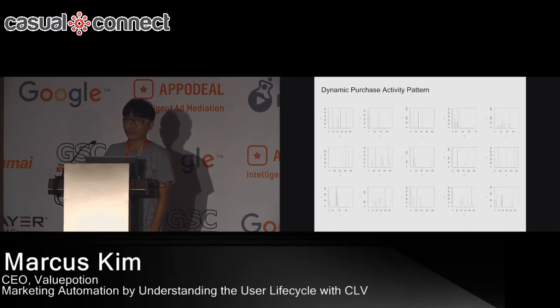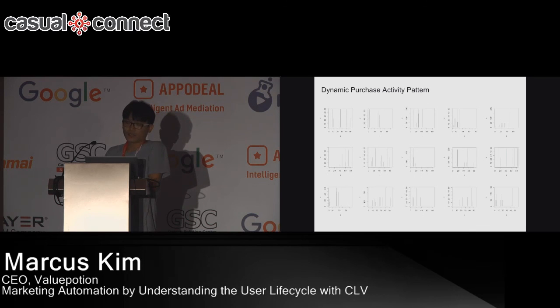In order to close the gap, we randomly extracted users' purchase and purchase amount data for every user. In this chart, the X-axis is the time when the purchase happens, and the Y-axis is the purchase amount for each purchase. From this chart, we found three things.